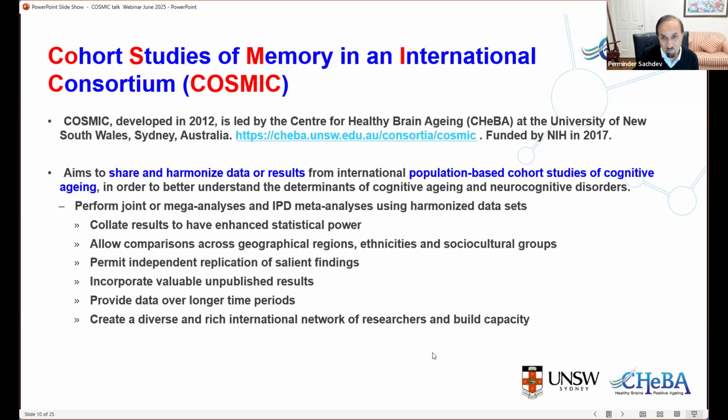Of course, we were being opportunistic in that we were not collecting new data, but rather harnessing data that are already being collected. That has really been perhaps the right way to approach it, because we never had enough funding to collect new data from many different sites around the world. And this was another way of achieving that.